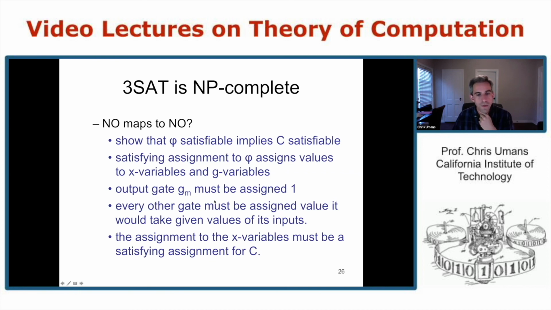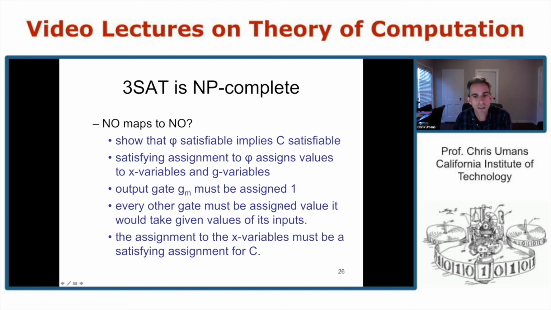Well, then if you work your way all the way down to the x variables at the input level of the circuit, the assignment to the x variables must therefore be a satisfying assignment for C, because the x variables and the g variables all must be consistent with the evaluation of the circuit C gate by gate. And it must have been that circuit evaluation in its final output gate assigned 1.